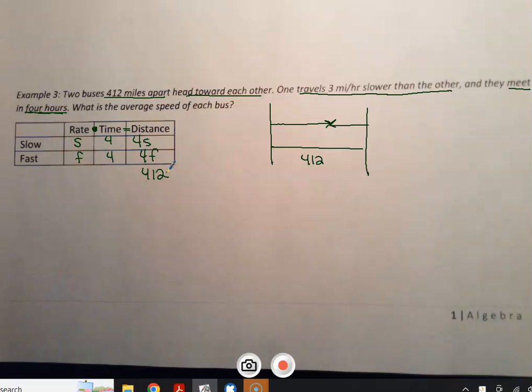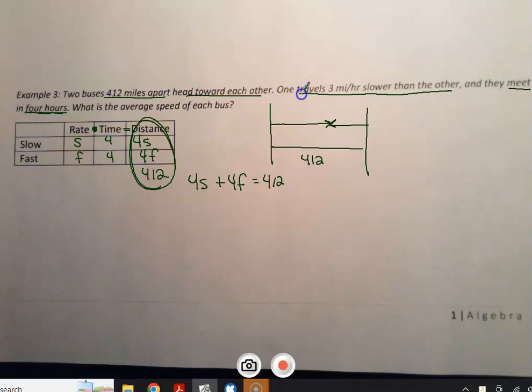Okay. So how can we get 2 equations out of this? Well, one is this one right here, right? 4s, the distance that the slow train traveled, plus the distance, 4f, that the fast train traveled, has to equal 412 miles. The other formula is a little bit harder to see because it's not in the table.